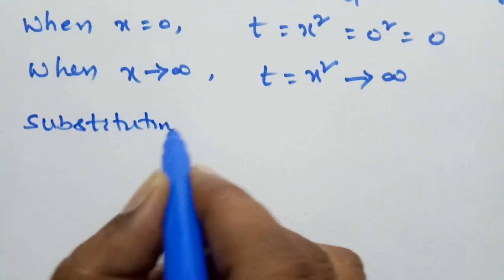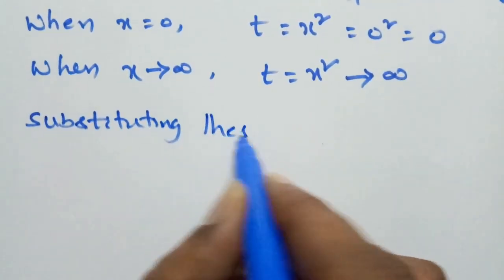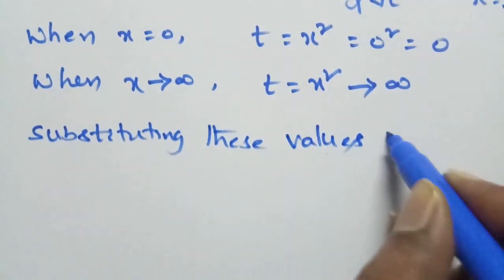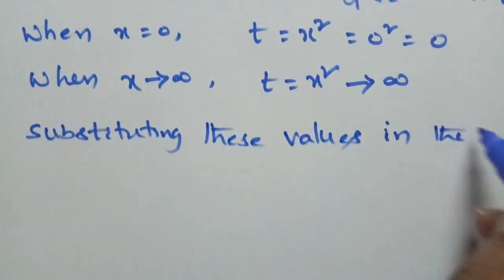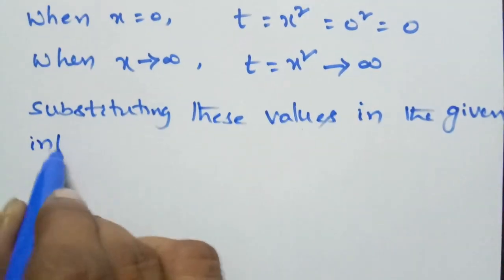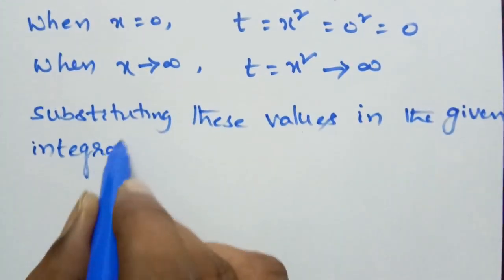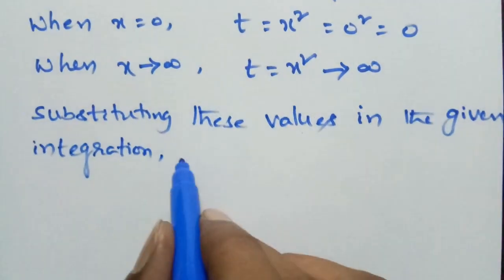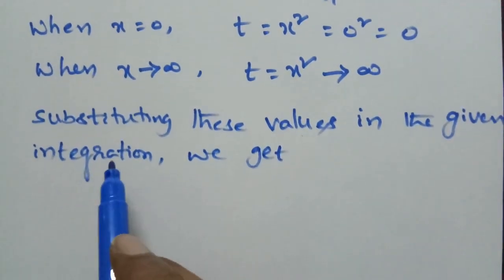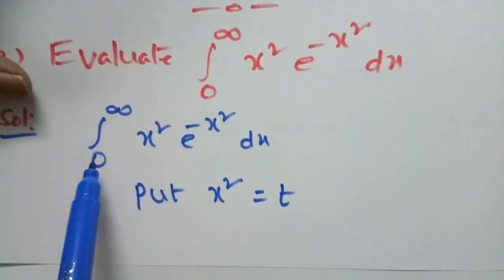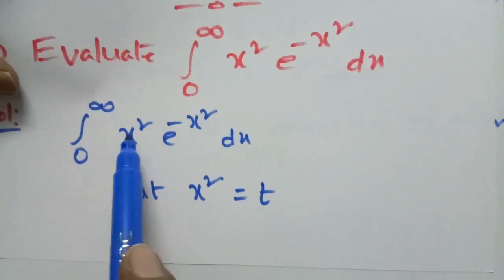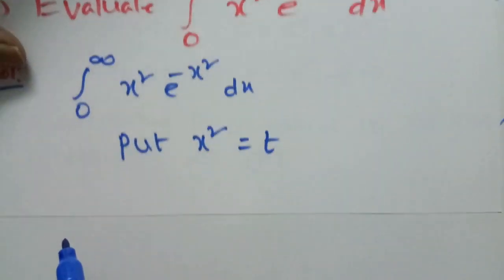Substituting these values in the given integration, we get integral 0 to infinity x square e to the power of minus x square dx.